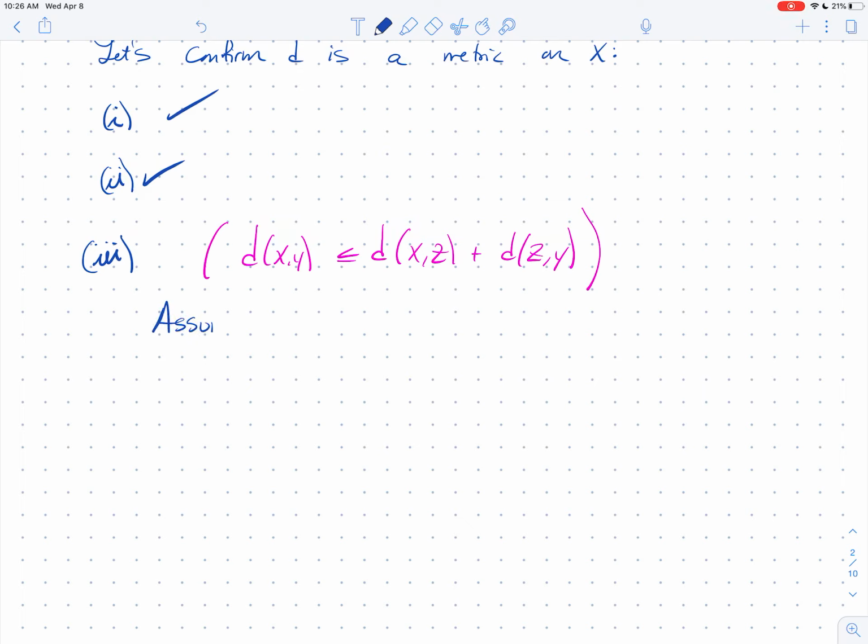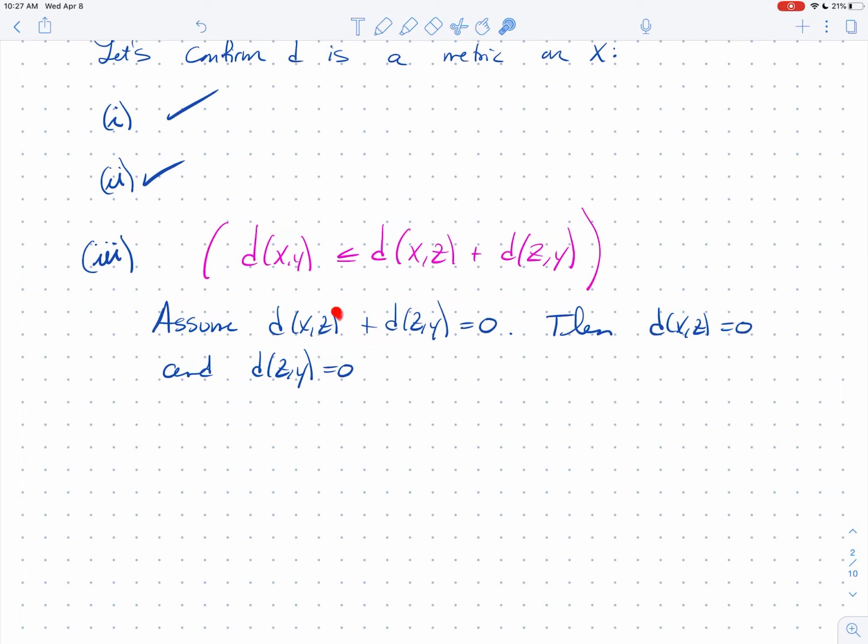So let's go ahead and assume that d of xz plus d of zy, let's assume that side is 0. Okay, well, then what do we know? The only way that can be 0 is if the distance between x and z is 0, and the distance between z and y is 0. That's because everything is non-negative.